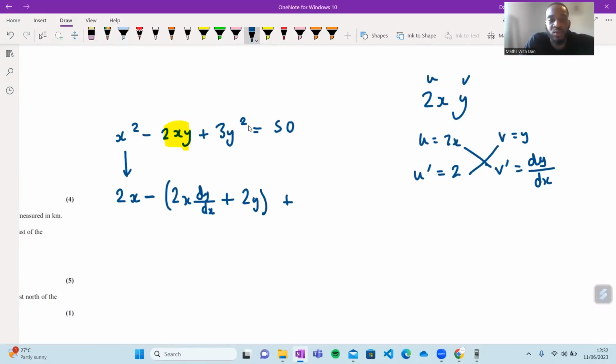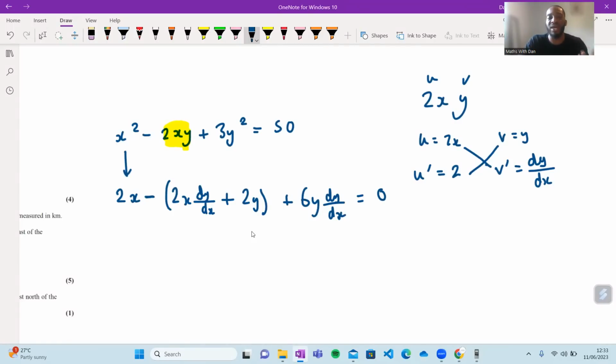And then plus this one here, we're differentiating a function of y with respect to x. We need to use the chain rule. So differentiate with respect to y first, 6y, and then we multiply by dy/dx, don't we? Now, remember, this 50 here is a constant. This goes to 0. So now we've got this.